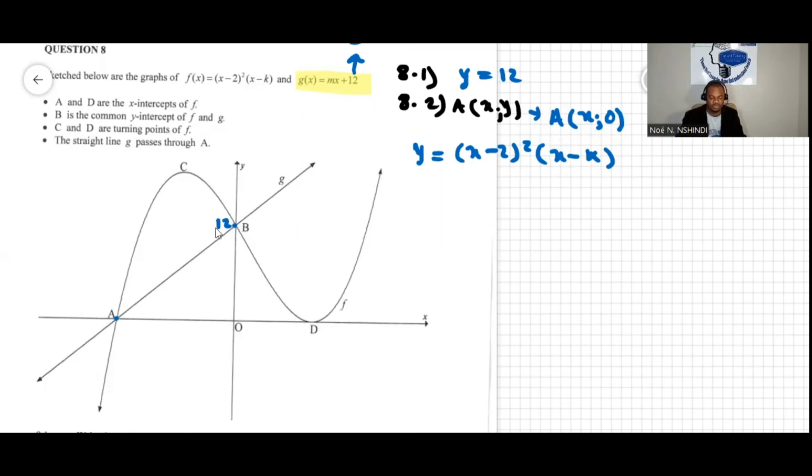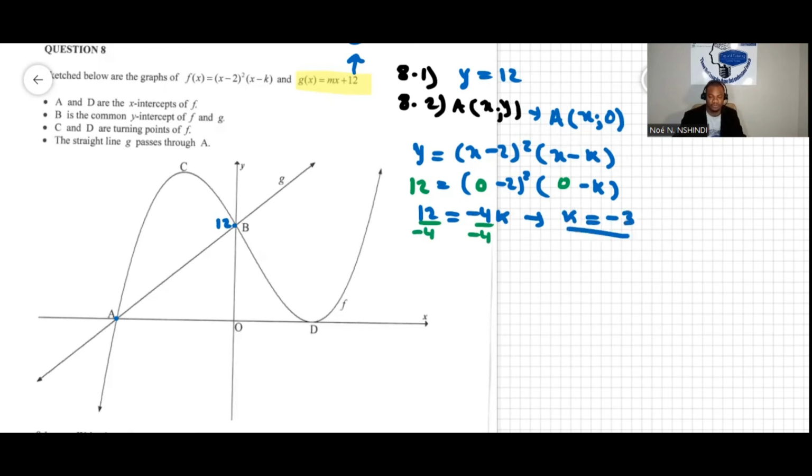So I can sub this point in this equation: 12 for y, and 0 for x. This gives 12 equal to 0 minus 2 to the power of 2, times open bracket 0 minus k. So 12 equals 4 times negative k, which makes negative 4k. If we divide both sides by negative 4, k will be equal to negative 3.